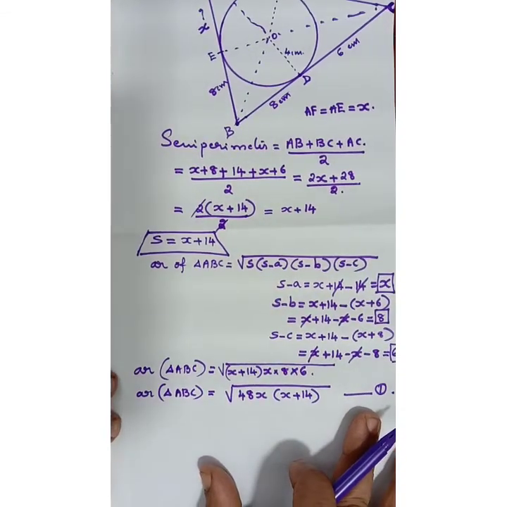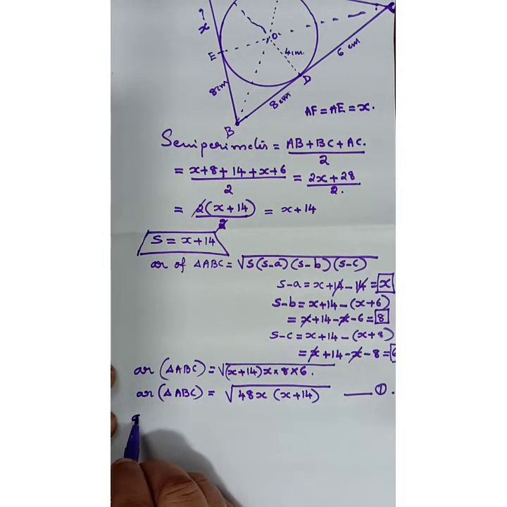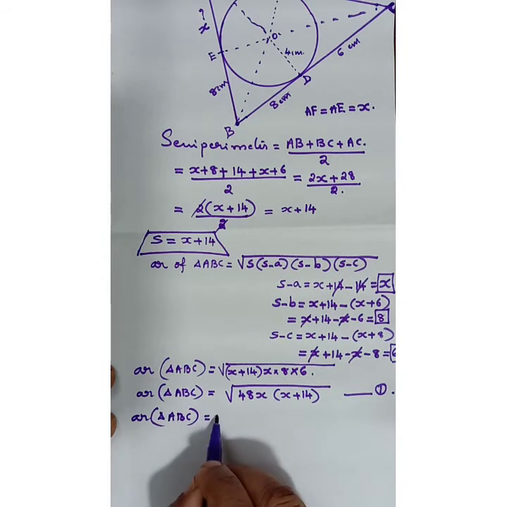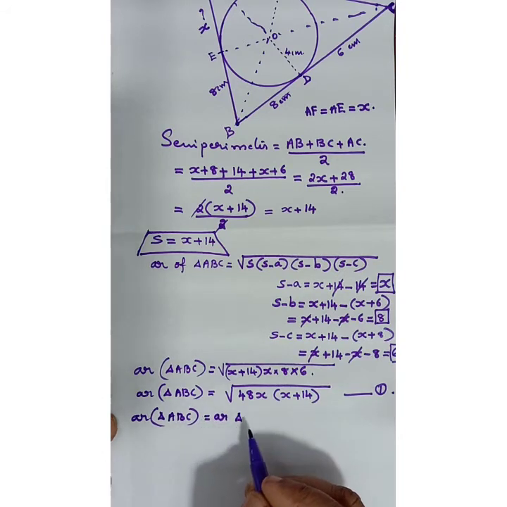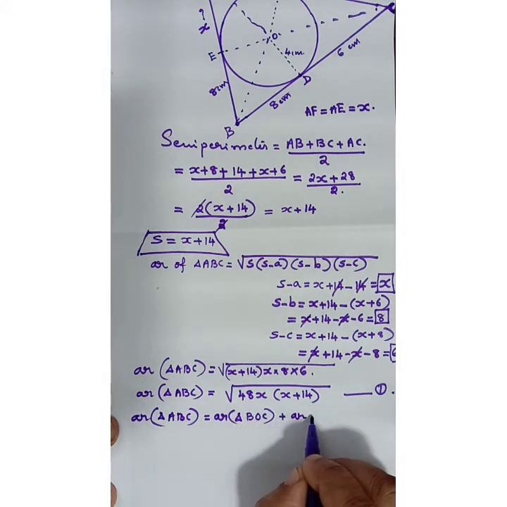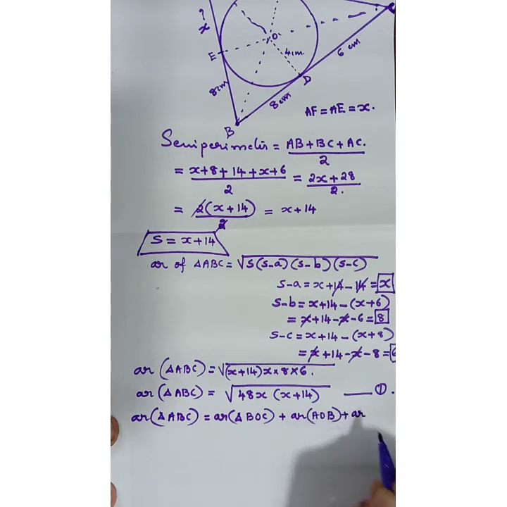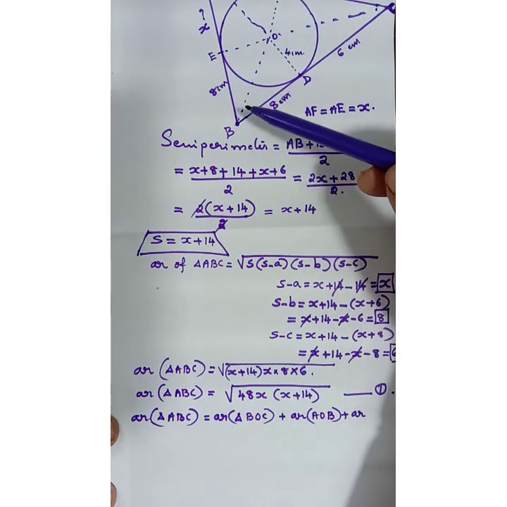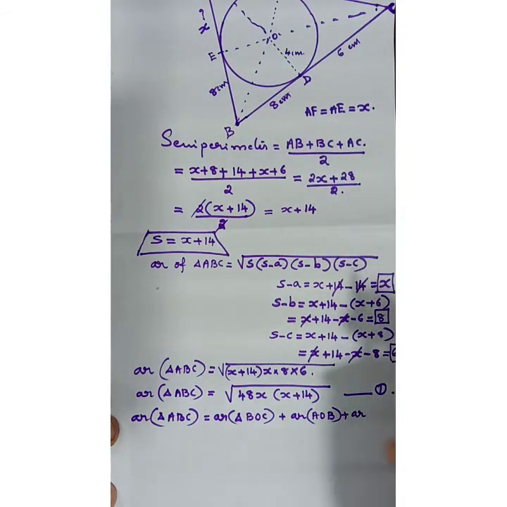So let us do that. The area of triangle ABC can also be equal to the area of triangle BOC plus, we will take in any order, no problem, the area of triangle AOB plus the area of triangle AOC.